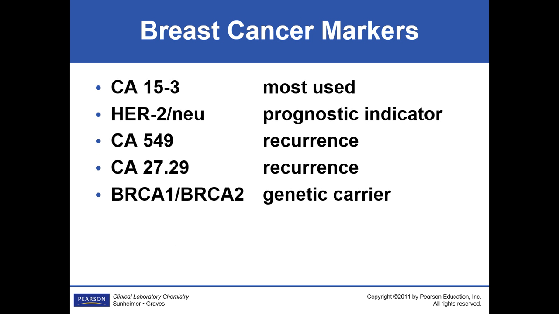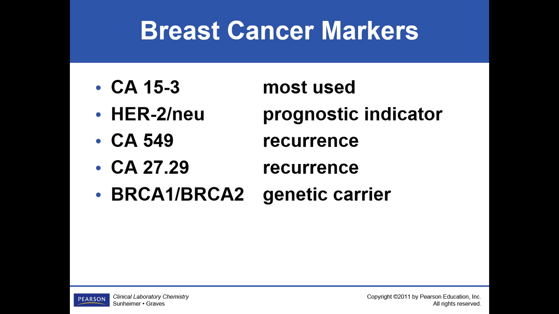We have several breast cancer markers, and please note we have a lot of CA elements. CA stands for carbohydrate antigen. CA 15.3 is the most used marker for breast cancer, but the others can be used for different reasons. For instance, CA 549 and 27.29 are utilized for recurrence in our patients.